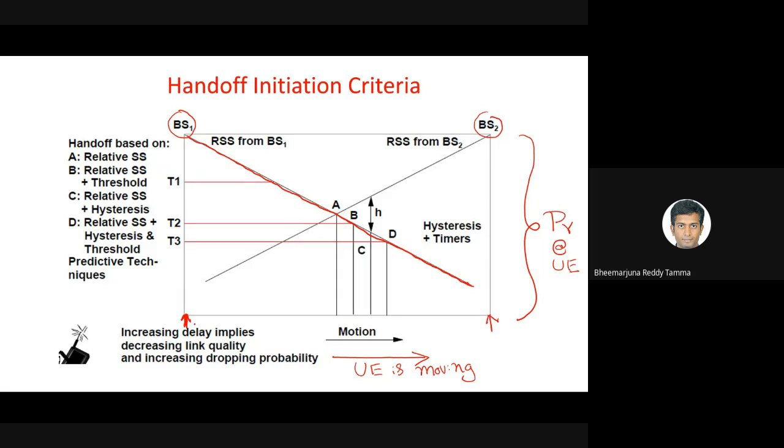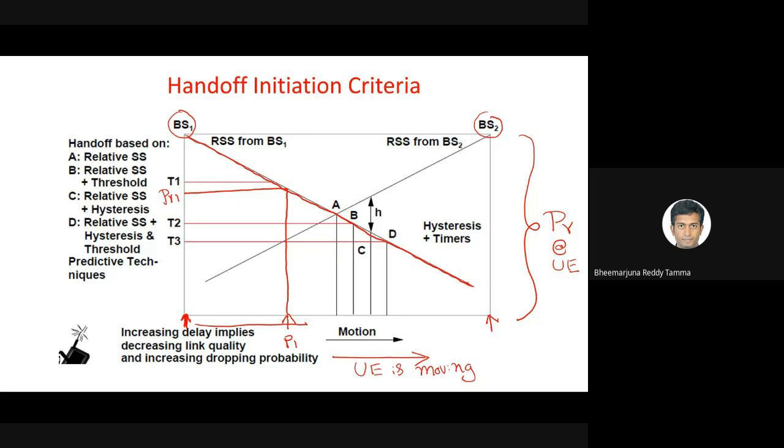But as the user equipment is moving away, let's say at this particular location, let's call it point 1, if you want to know the received signal strength, this is the value, PR1. Like that, we can use this illustration to calculate what could be the power received if the user is at a certain location with respect to base stations 1 and 2.